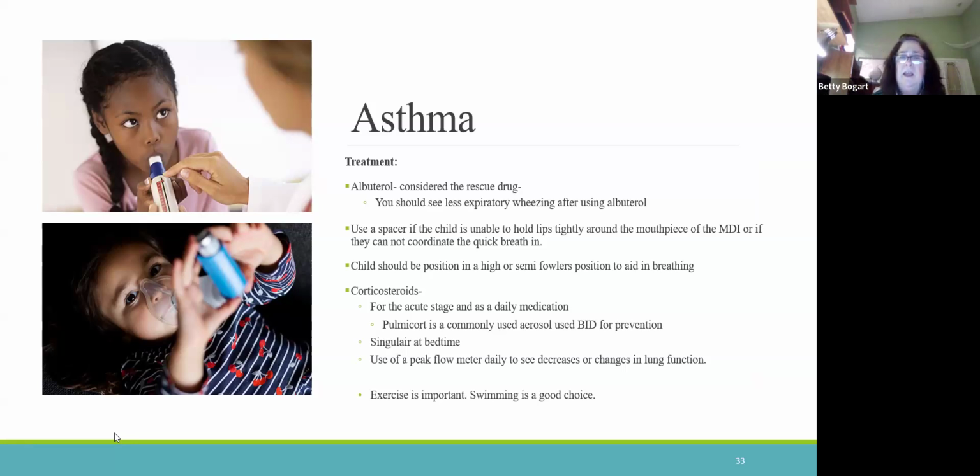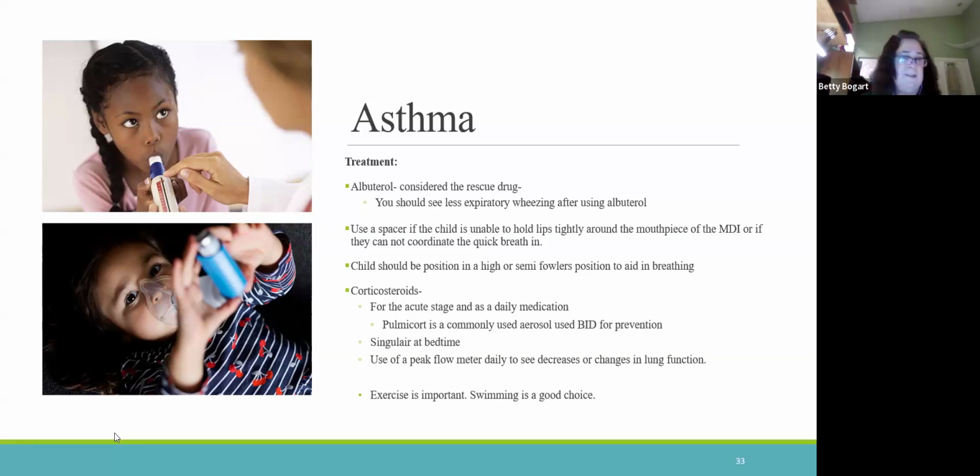In children, it's called Pulmicort, and it has that little bit of steroid in it, and it's given morning and night for preventing your attacks. So it's the preventive, keeping your lungs from being so hyper responsive with that little bit of steroid, and then the rescue we use when we can't breathe.